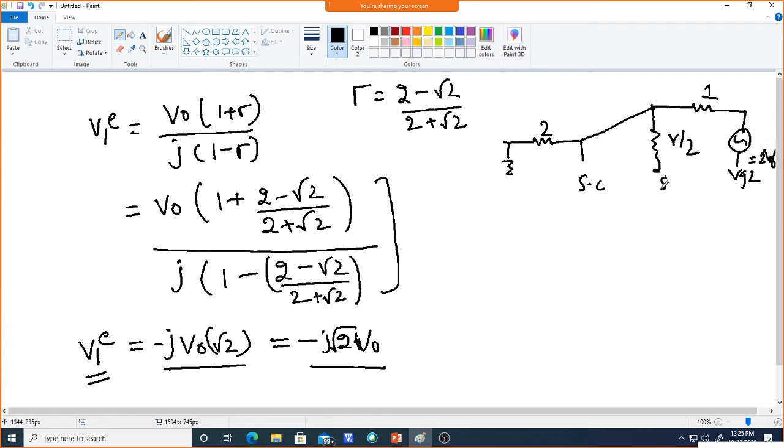This will be a short circuit point, and this is your transmission line with a length of lambda by 4 and impedance Z. R by 2 is equal to 1, since we divided the series resistance, which is root 2, to get 1.